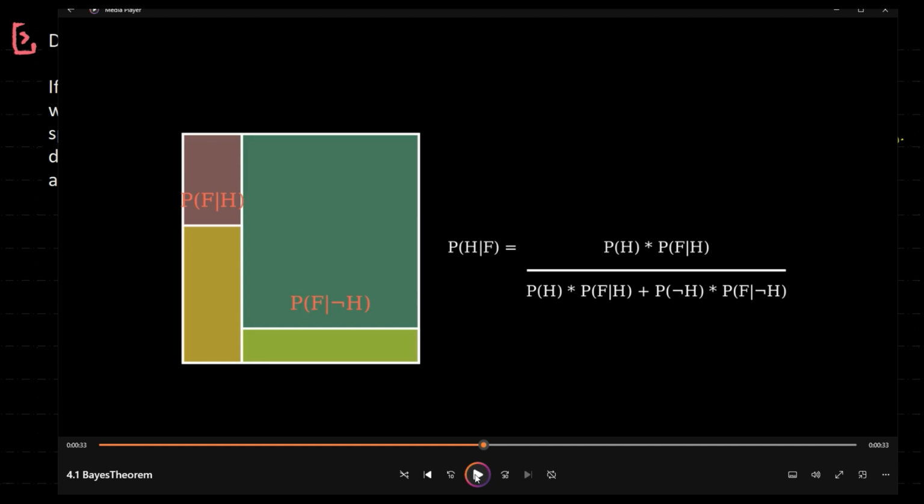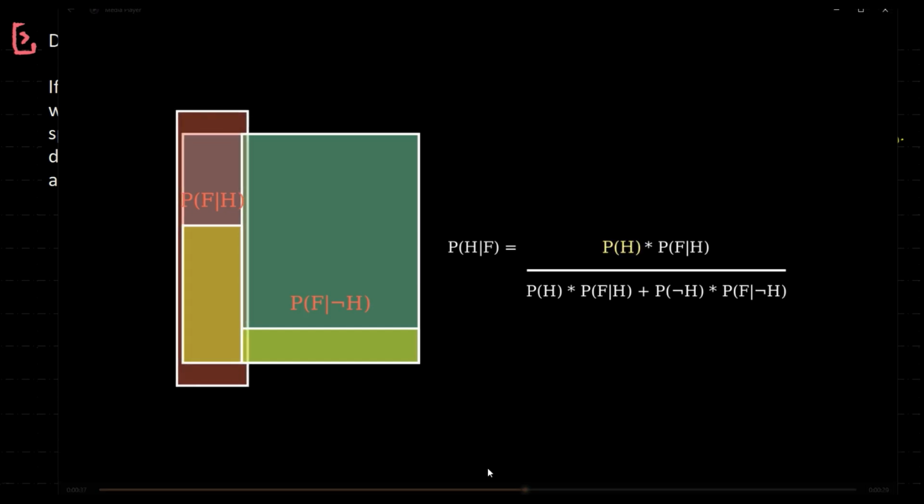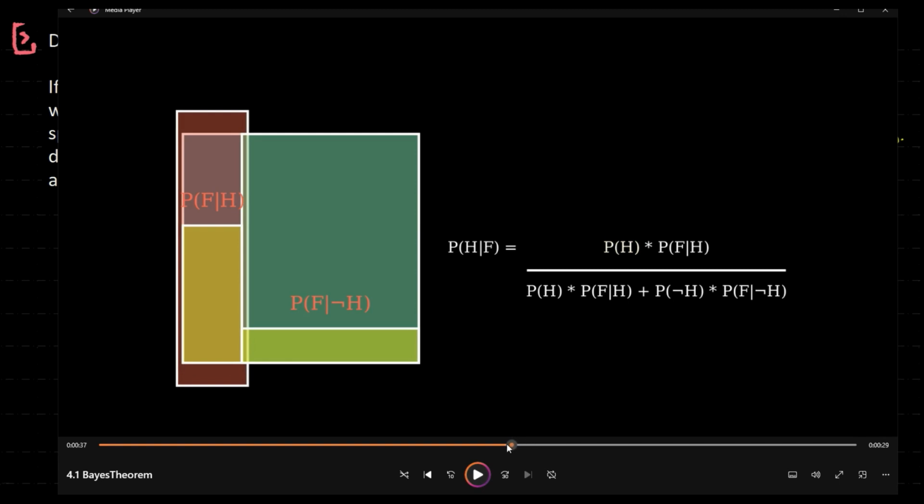Basically, we are trying to figure out what is the probability that whatever favorable event happened, it's because of the hypothesis. That's the general funda of your Bayes' theorem. So the formula looks something like this. You can see the highlighted things. P of H represents this entire region.